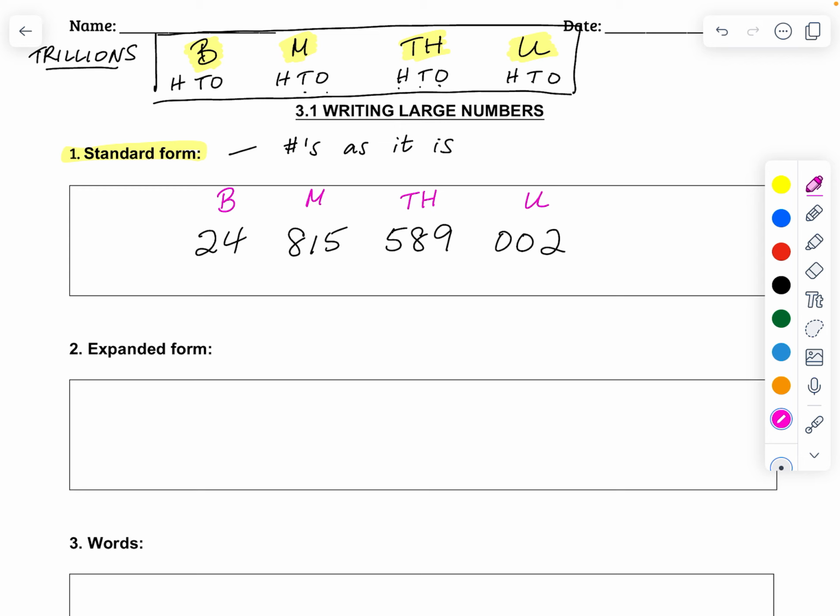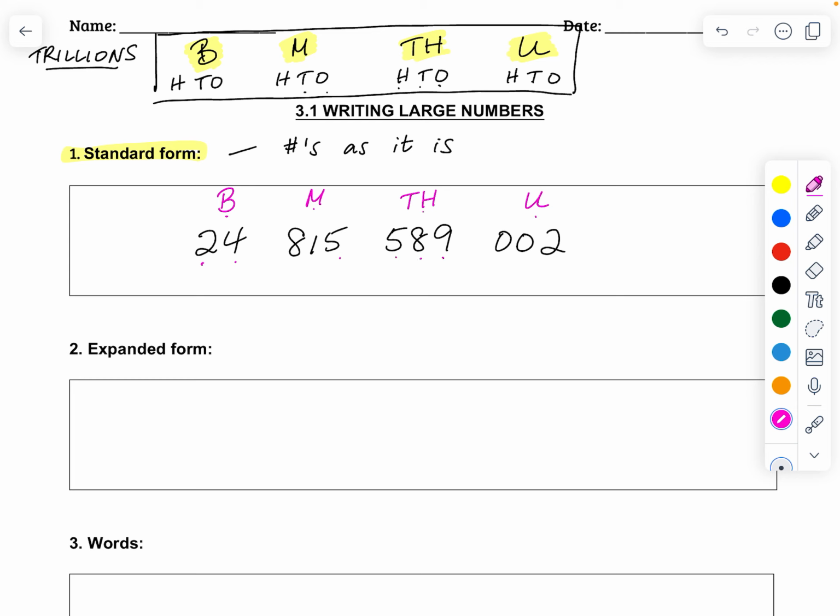Okay, so just as a review, you want to always name each group of 3 numbers according to the period that it occupies. So we would say 24,815,589,002.